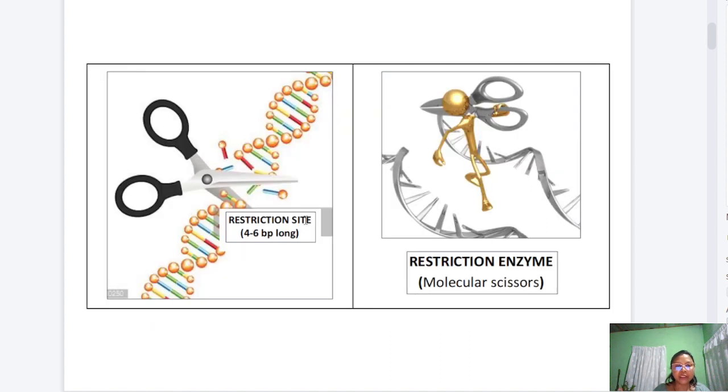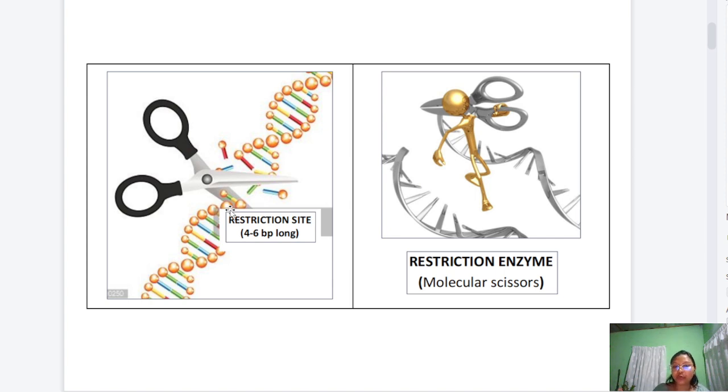Moving on, this picture depicts a very clear idea about what a restriction enzyme does, its function in the system. You can see these restriction sites are 4 to 6 base pairs long, and once the restriction enzyme, which is represented by the scissor, identifies these sites, it is going to cut it.